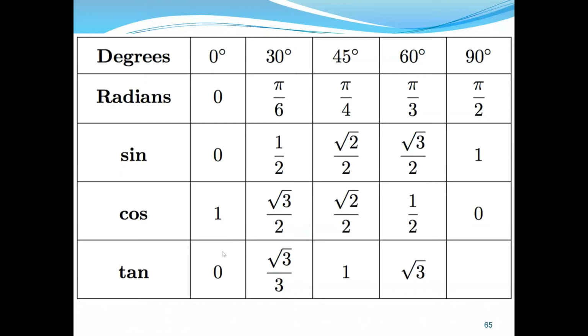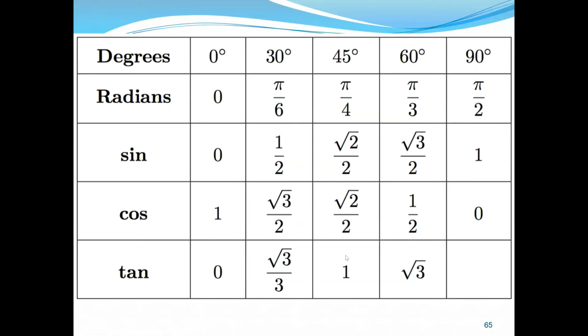Except the first one. So this is square root of 3 over 3, right? This is multiplied by square root of 3.